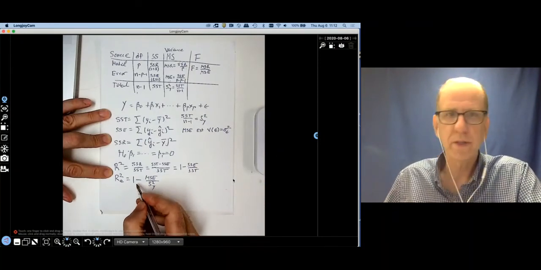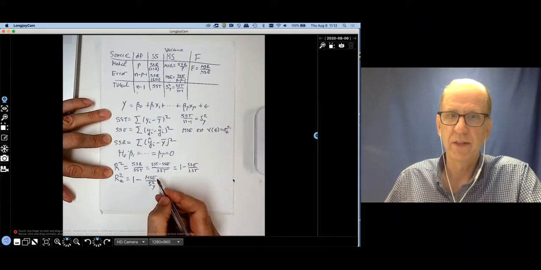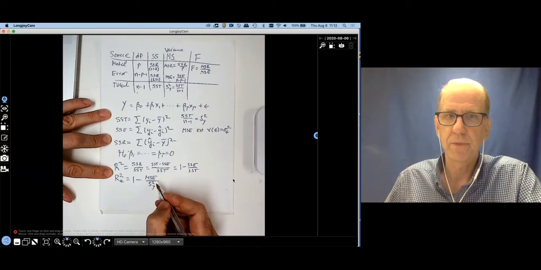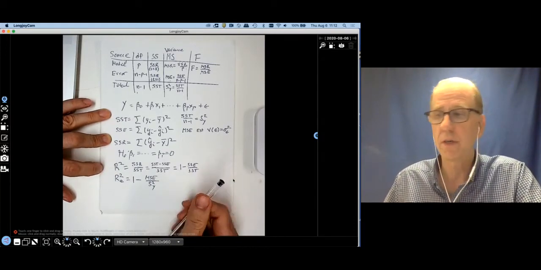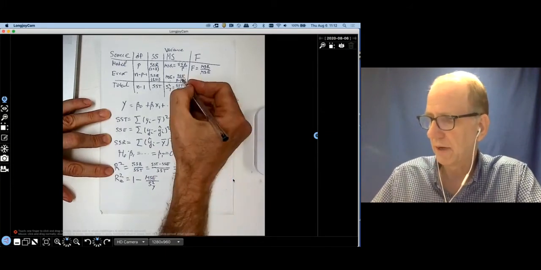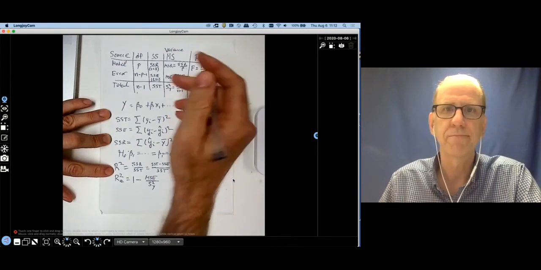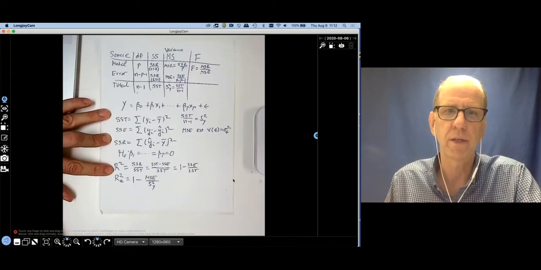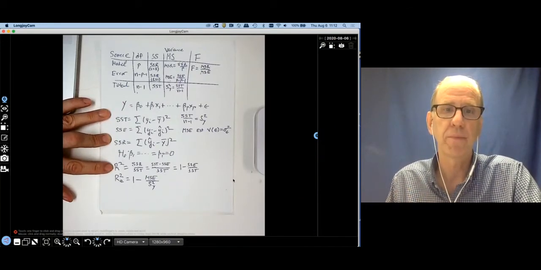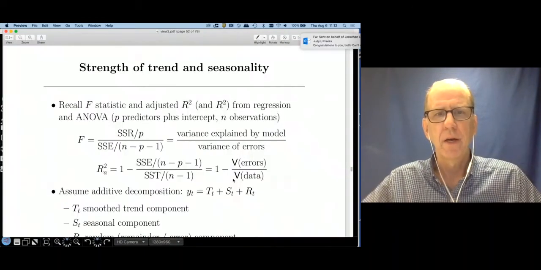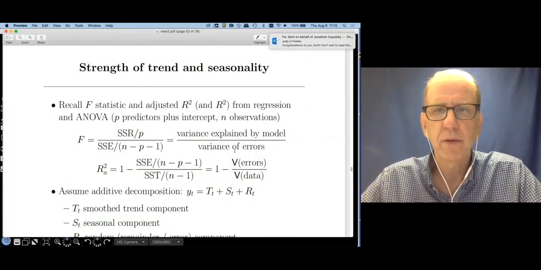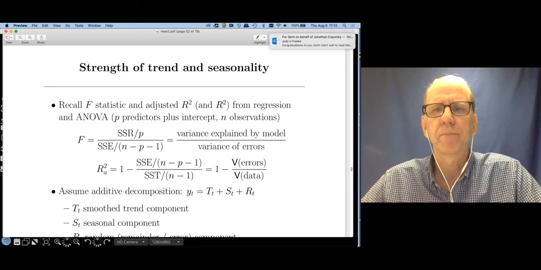It's like, what is the fraction of the variance in the data that is explained by the model? That's one way to think about adjusted R squared. Notice this involves the number of parameters. And so that's why it's an adjustment that accounts for the number of parameters in the model. Okay, so that's enough of that. That's basically what I've summarized here, adjusted R squared and F.